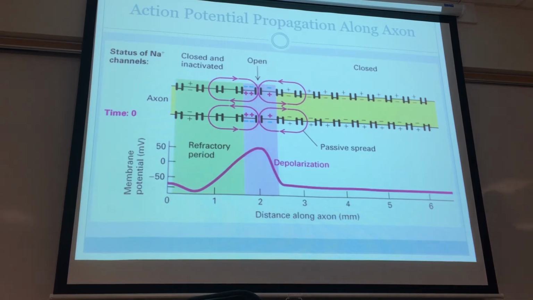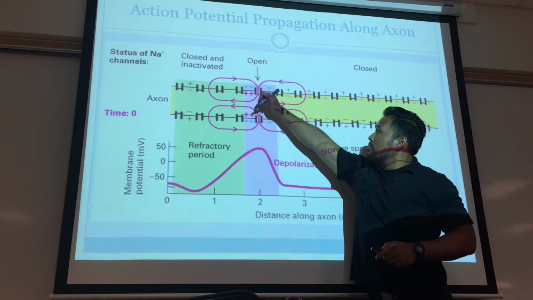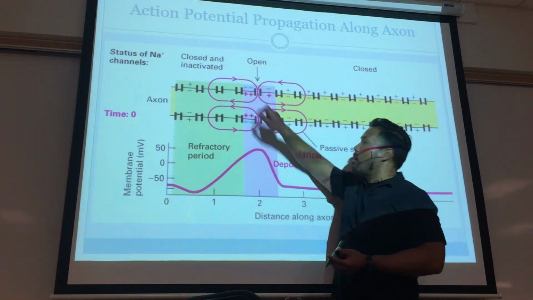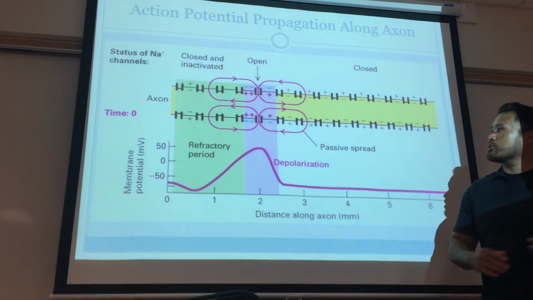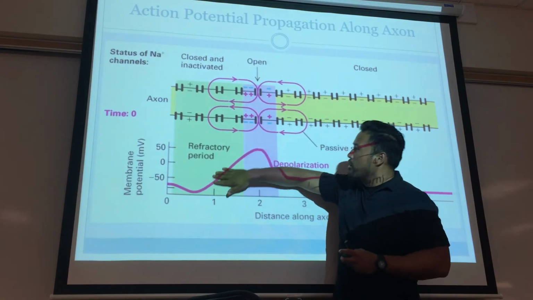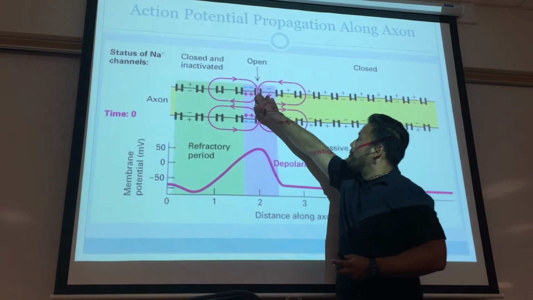So instead of looking at my crummy drawing over here, let's take a look at how it looks over here. At this point, you see the channels are open. We have sodium coming in, and it's going to diffuse in all different directions. It's like that pebble that I talked about, thrown into a pond. It's going to move in all directions. Except in this area right here, back over here, this area is already in the refractory period. This part lit up, then this part lit up, then this part lit up.